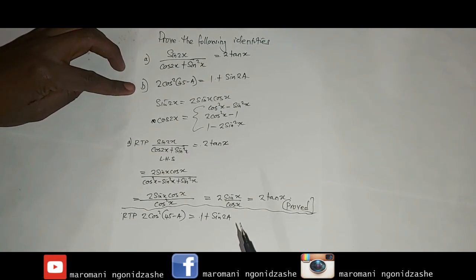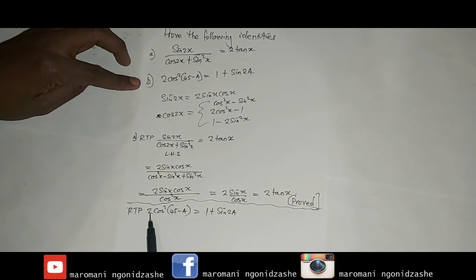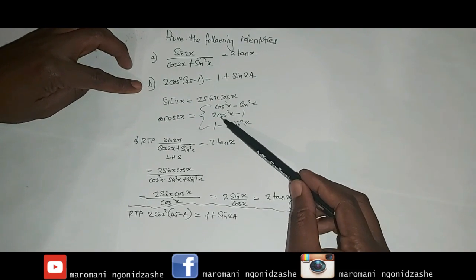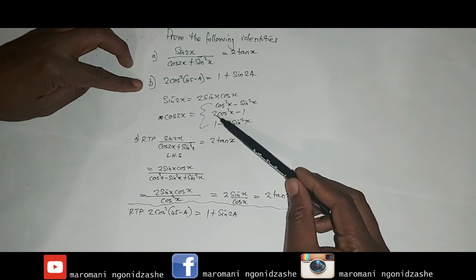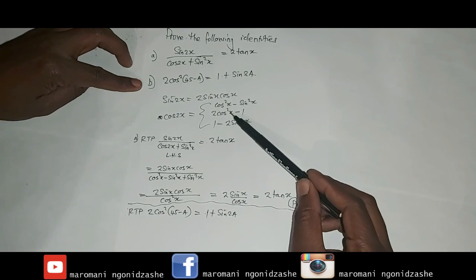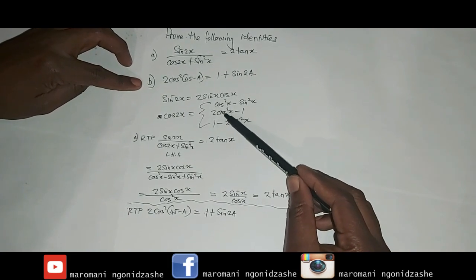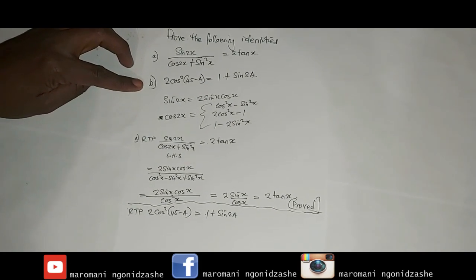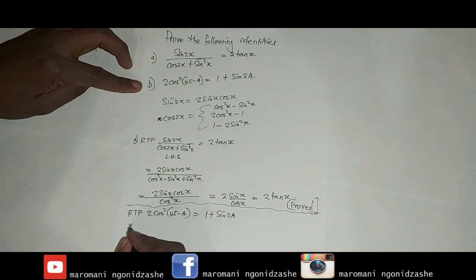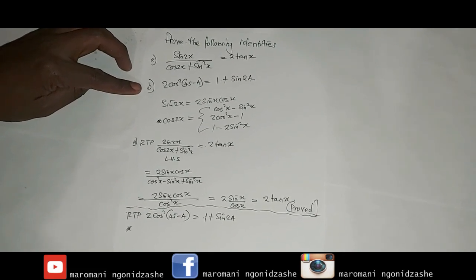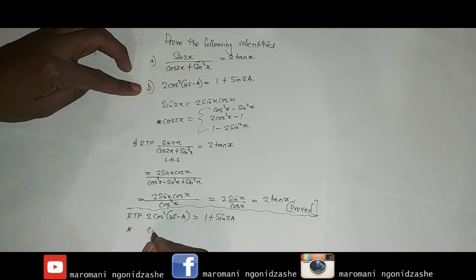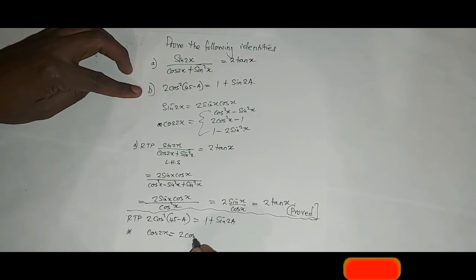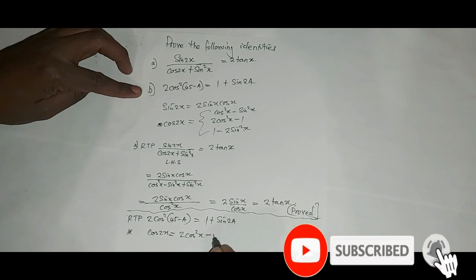Can you see here I have a 2 cos squared. The moment there is a 2 cos squared, it means we are dealing with a double angle for cos. So in this case, I'm going to make use of the fact that cos of 2x is equal to 2 cos squared x minus 1.